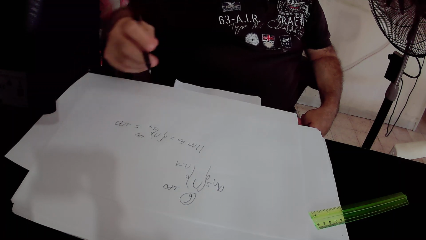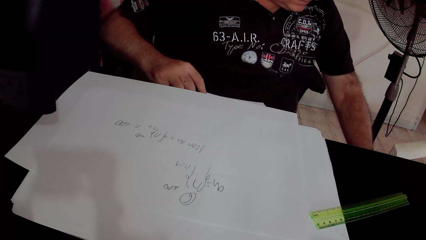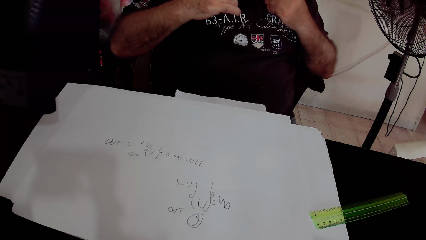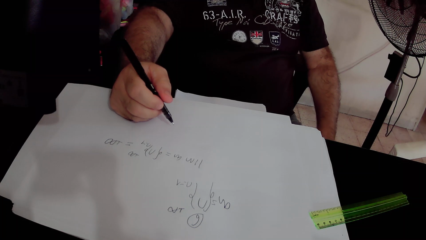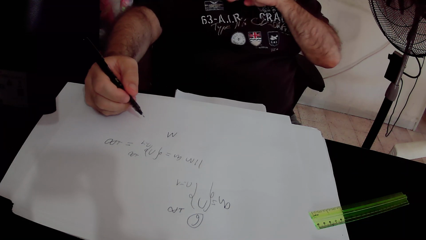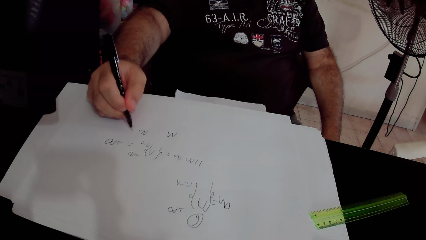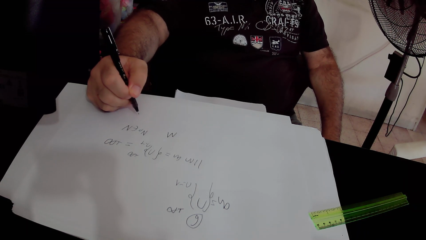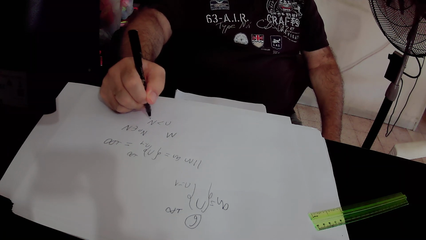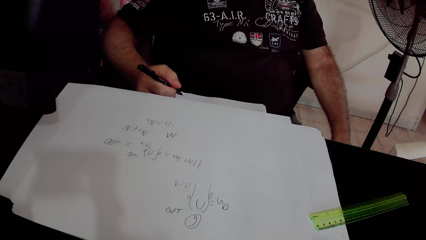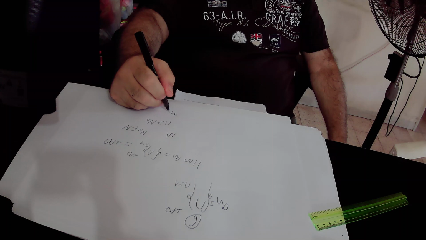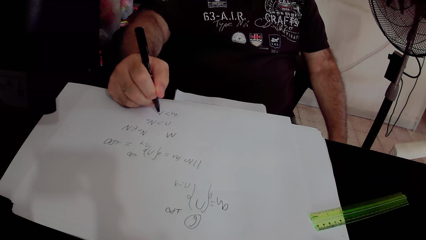And why is it equal to plus infinity? Because if we choose any big number m, then we can find n0 that belongs to the natural numbers, and for any n that is greater than n0, we will find out that an is greater than m.